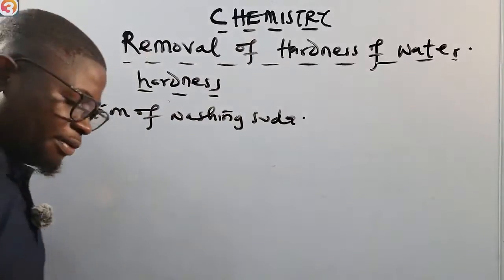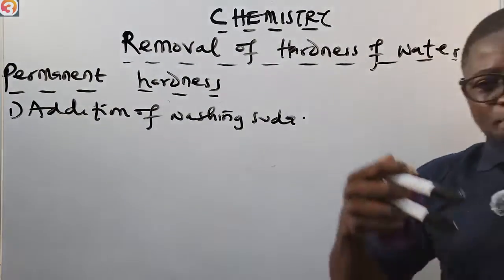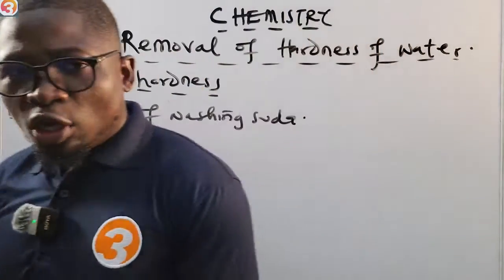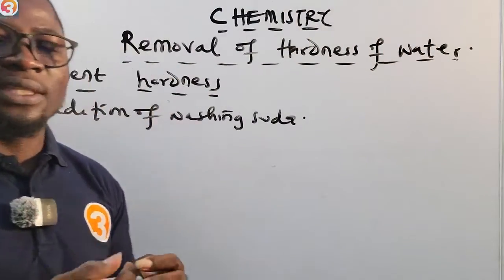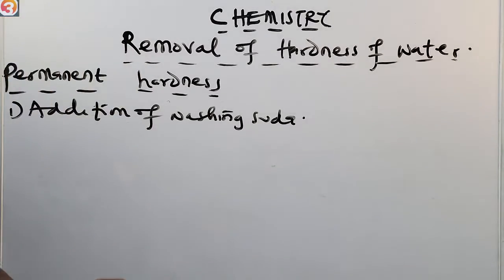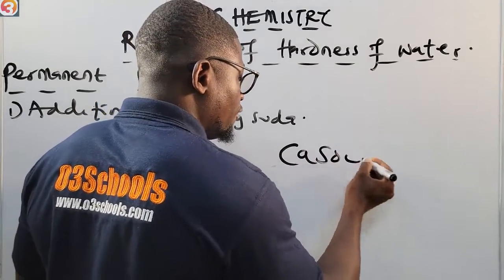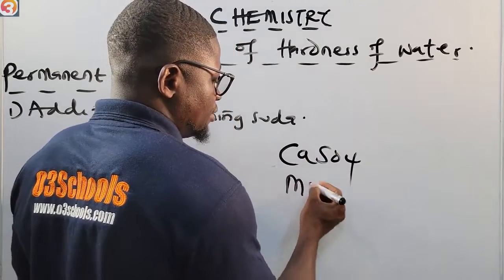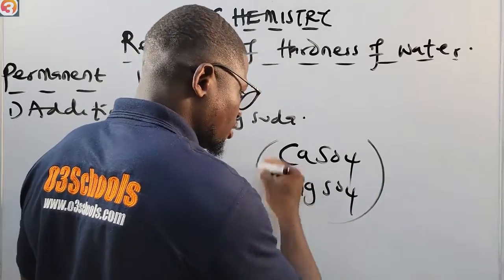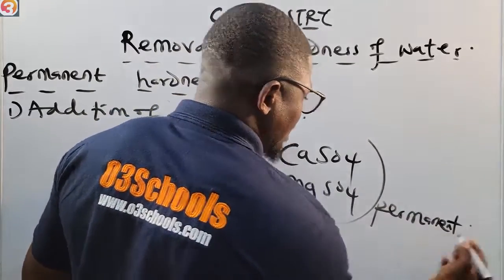I said in the previous episode that what causes permanent hardness is the presence of soluble calcium sulfate, CaSO4, and MgSO4. These are the causes of permanent hardness. We talked about them in the last episode.